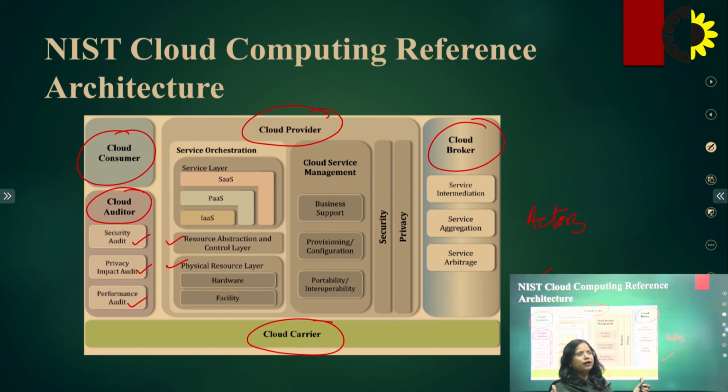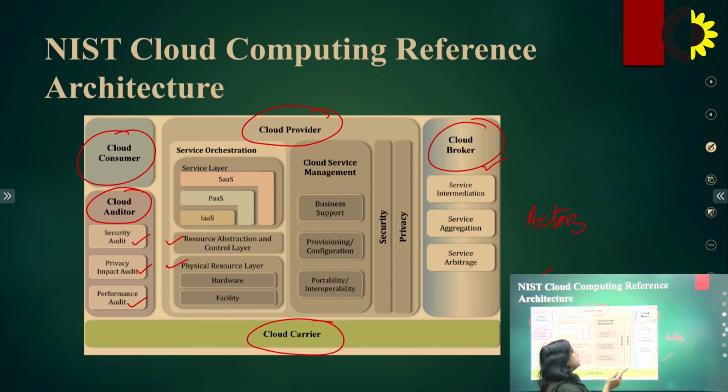So both parties contact the cloud broker, and the cloud consumer gives a brief idea about their requirements and which type of services they need. The cloud broker is a third party which provides services by contacting the cloud provider and sells these services to the cloud consumers.